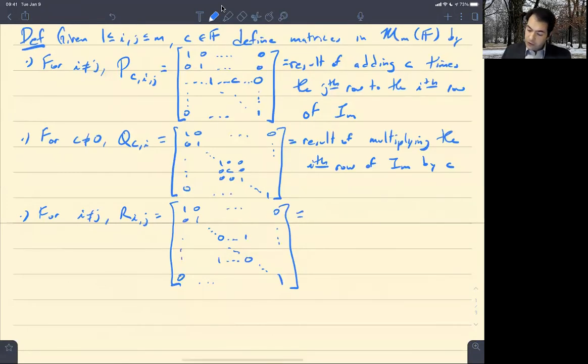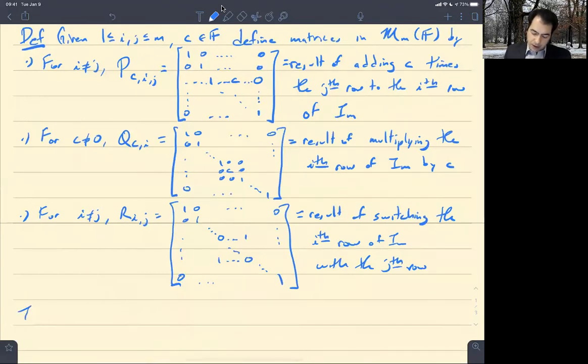So this is the result of switching the ith row of the identity with the jth row.